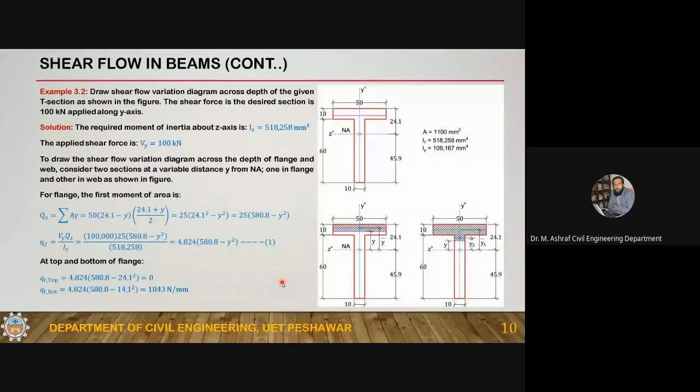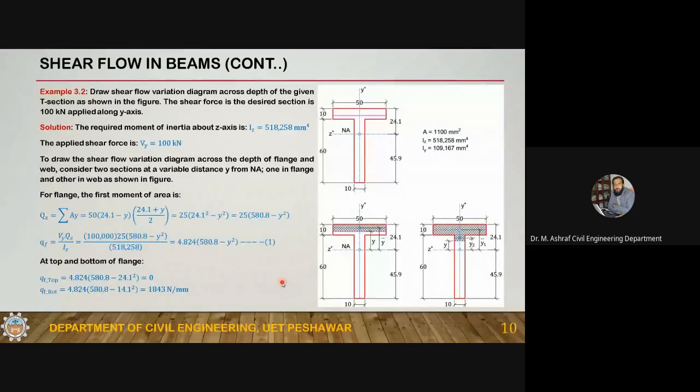But this is not the real flow, and the shear flow varies across the cross-section dimension. And since V varies along the length of the member, there is a variation of the shear flow, not only along the length of the member, but across the section also. And we'll draw the stress distribution diagram in this example.